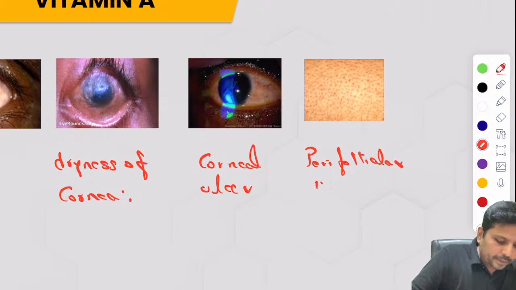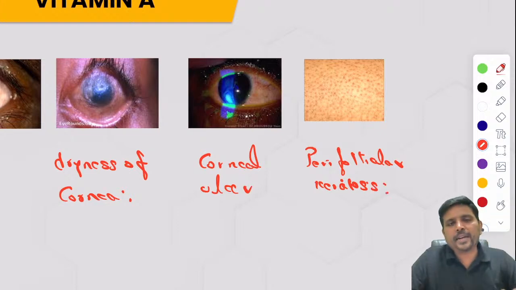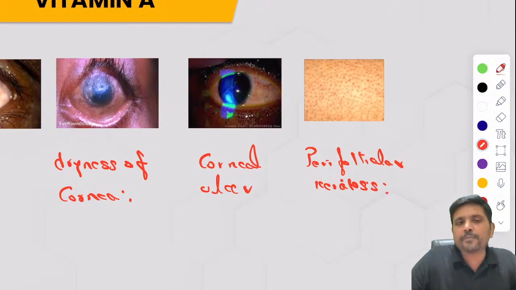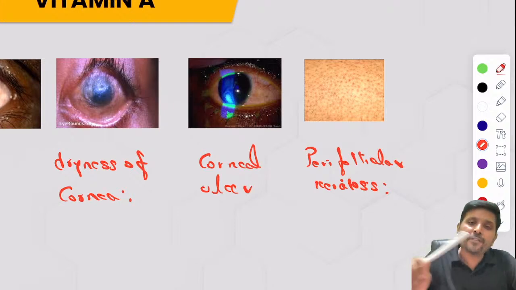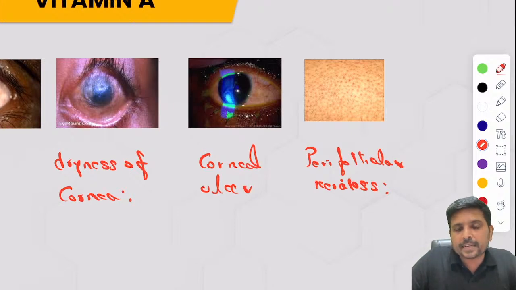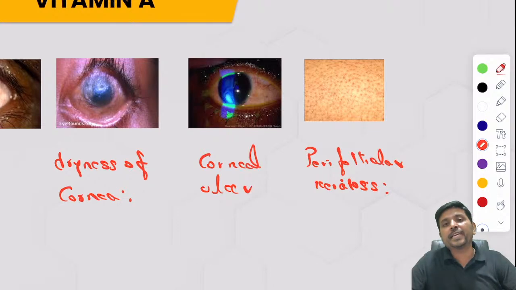Perifollicular keratosis, because vitamin A helps in the maturation of keratin. Whenever you have vitamin A deficiency, excess keratin accumulates around the hair follicle and it is called perifollicular parakeratosis. Perifollicular hemorrhages occur in scurvy, due to vitamin C deficiency.